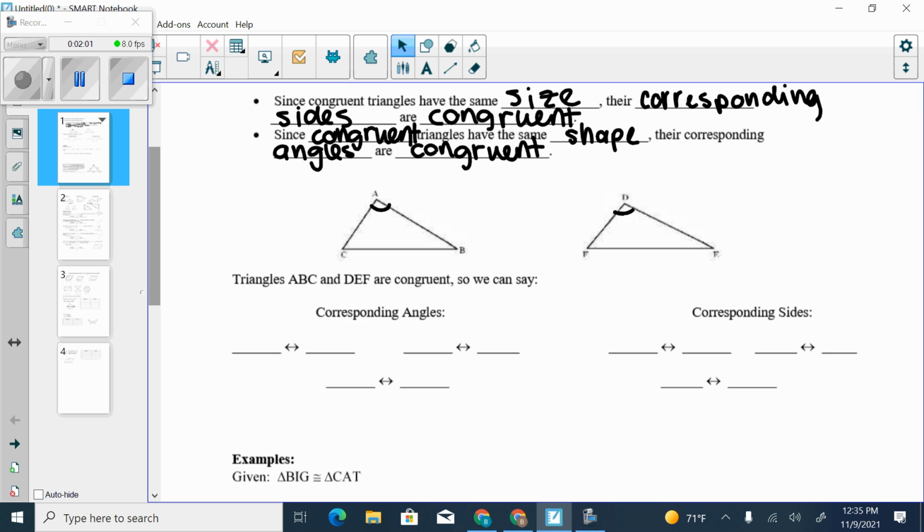Okay, so in this blank, I'm going to say angle A corresponds with angle D. I would also say that angle B corresponds with which one? Alright, and then lastly, we could say that angle C corresponds with angle what?